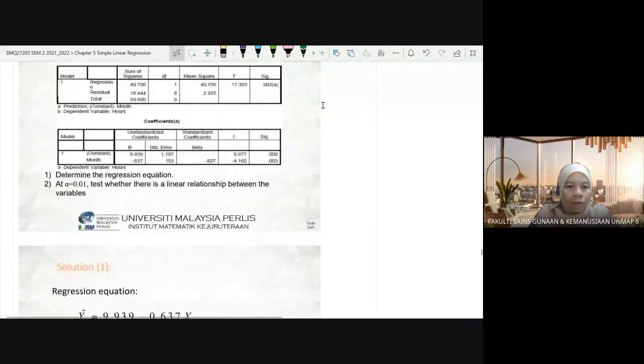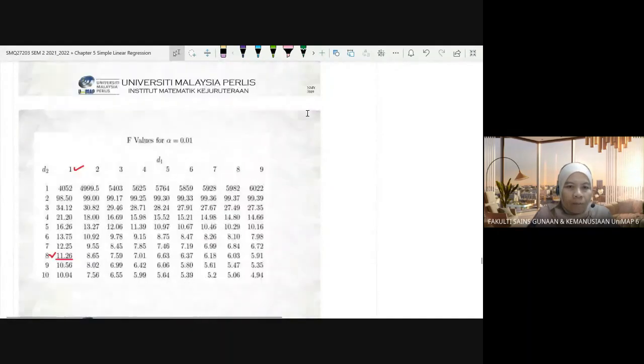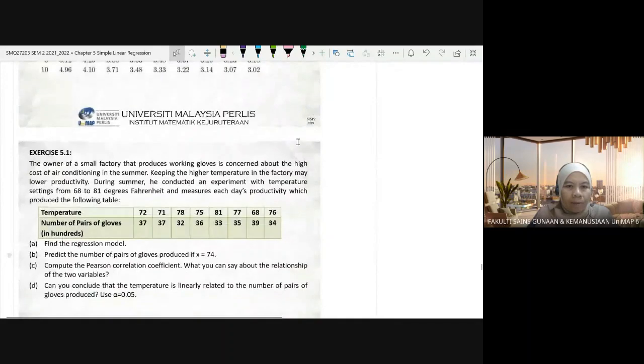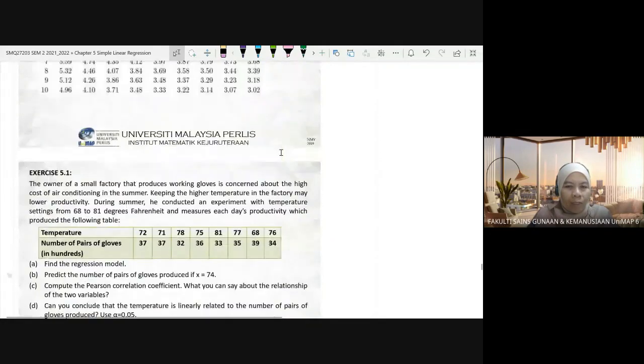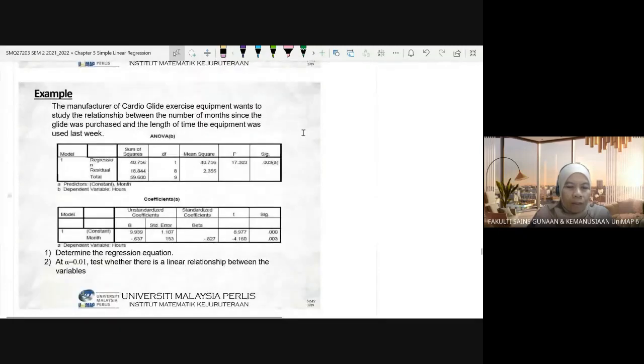Before we do this particular exercise, exercise 5.1, let us look at the example given in this question. The manufacturer of CardioGlide exercise equipment wants to study the relationship between the number of months since the glide was purchased and the length of time the equipment was used last week.